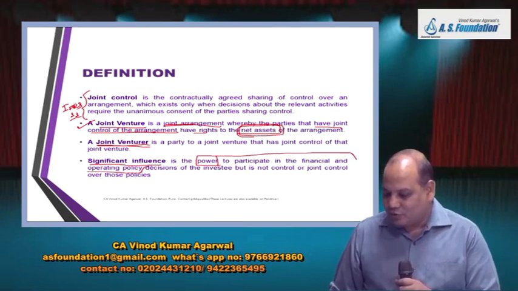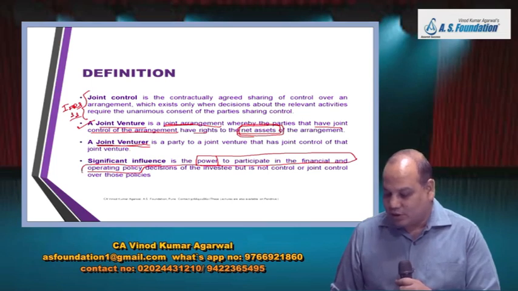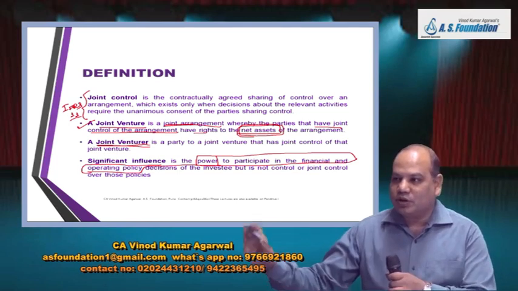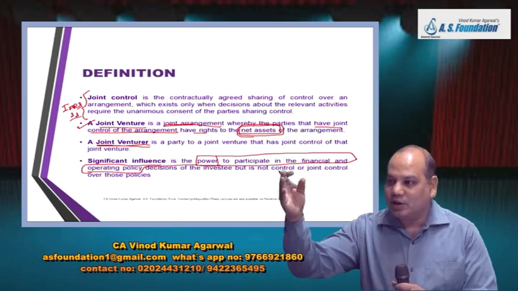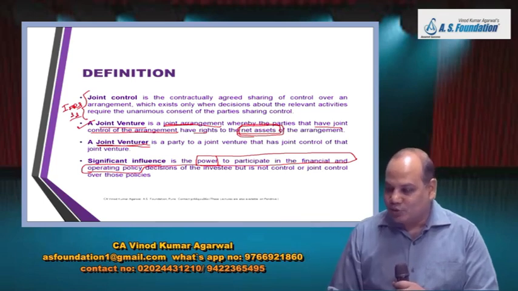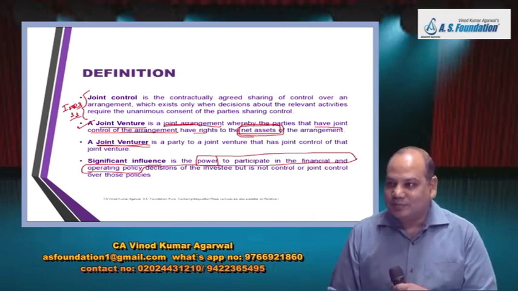Okay. So you come, you participate, but you can't direct the relevant activity. You can't tell the associate, you stop producing this item. Associate will say there is 80% share held by others also, so I'm not just going to listen to you. At least you can tell that much, you have that power, but he will not follow your instruction.